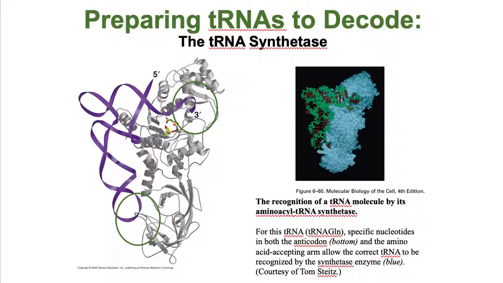The next step is your tRNA comes, and it's made sure it's the right one at the anticodon and the stem, into the right tRNA synthetase. You then transfer this charged amino acid to the acceptor stem adenosine, and now you have your charged tRNA. It's ready to go and be used in translation.